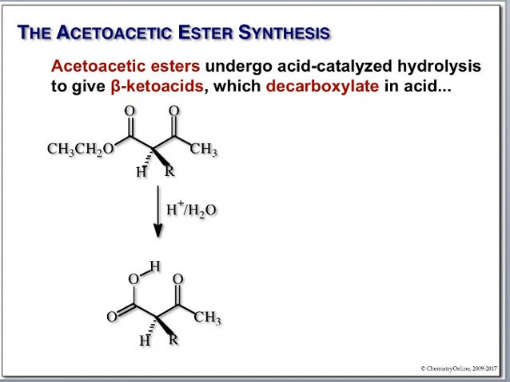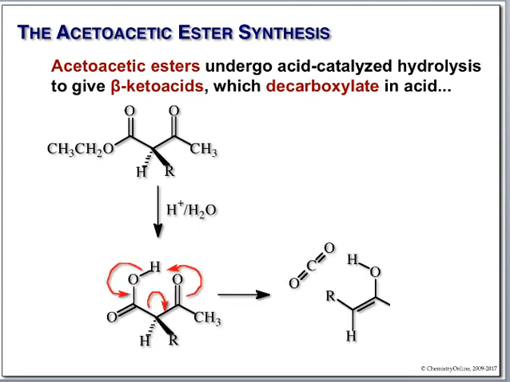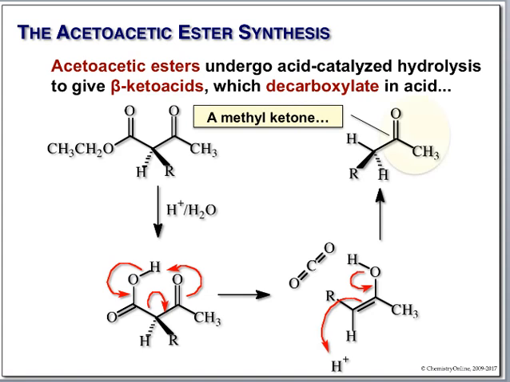And just like a beta diacid, by George, this spontaneously decarboxylates. And we're left with this enol. What does this enol do? Reverts back to its ketone form. And by gosh, we've made a substituted methyl ketone.